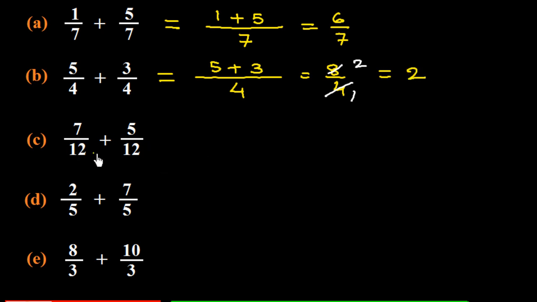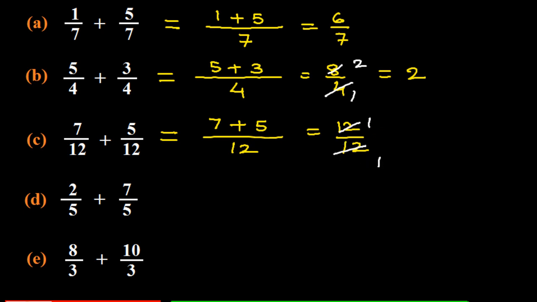Here 12 is the same denominator in both fractions, so we write 12 common and add the numerators 7 plus 5, so it is 12 over 12. If we simplify this, 12 one time, so we get 1.